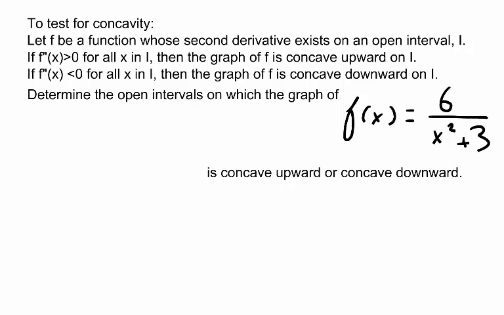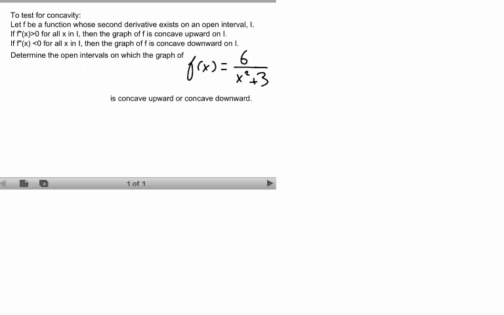Then, we'll want to find the second derivative for f. To find the second derivative, we can rewrite this as 6 times x squared plus 3 to the negative 1.